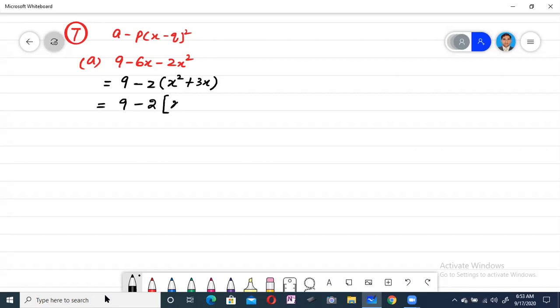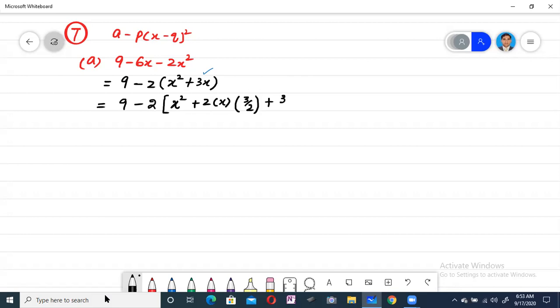For perfect square, this a square is the x square, plus 2 into a, and a we have already taken as x. What will we write for b? We can make this 3x: at the place of 3x we are writing 2ab, and b we will write as 3 divided by 2, then this 2 cancels with 2, it can be 3x.